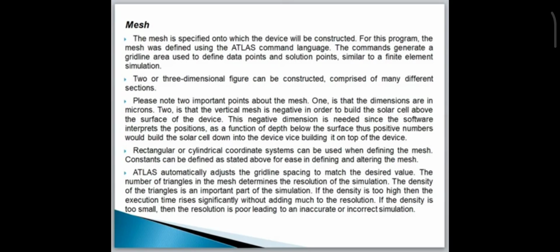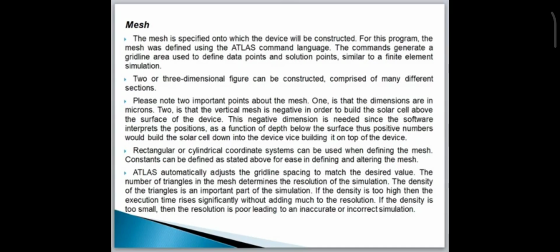Rectangular or cylindrical coordinate system can be used when defining the mesh. Constants can be defined as stated above for ease in defining and altering the mesh. Atlas automatically adjusts the grid line spacing to match the desired value. The number of triangles in the mesh determines the resolution of the simulation. The density of the triangles is an important part of the simulation.